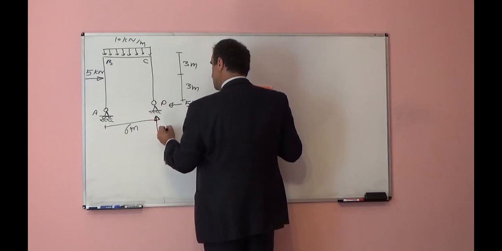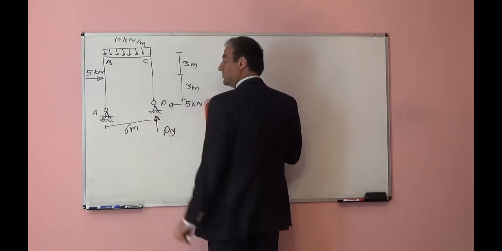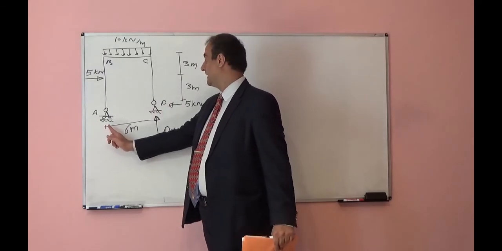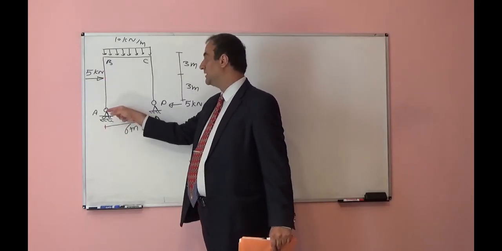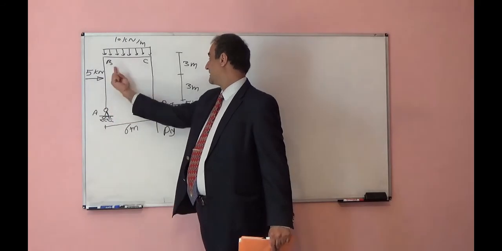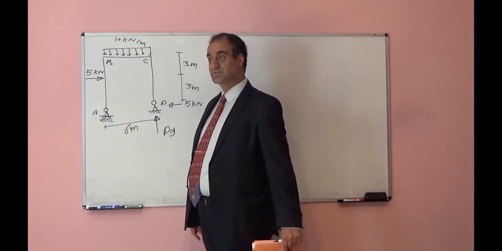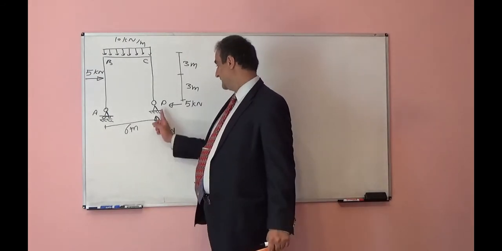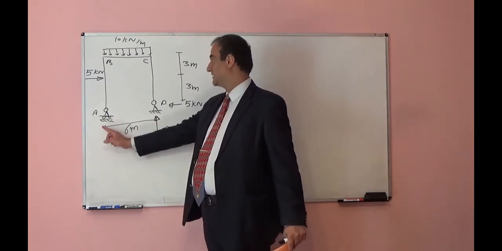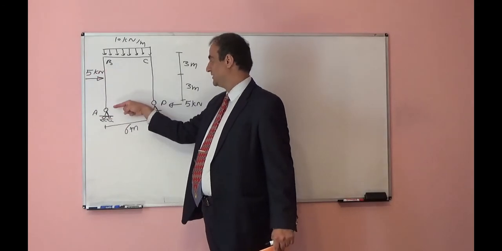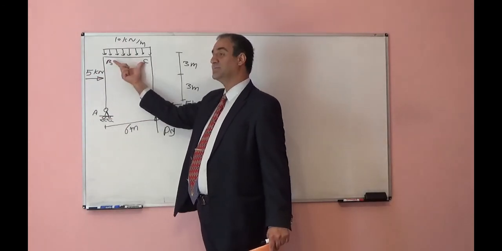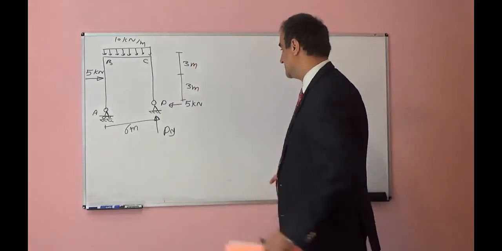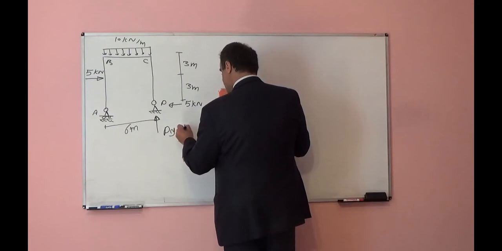Dy, I can take moment with respect to point A. Dy times 6 minus 5 times 3 minus 10 times 6 times 3 is equal to 0. So you can find Dy from here.